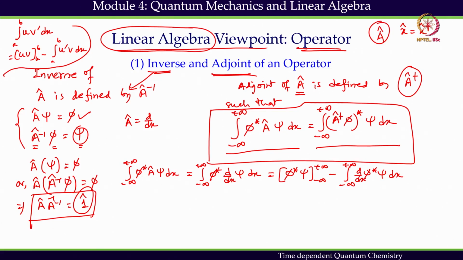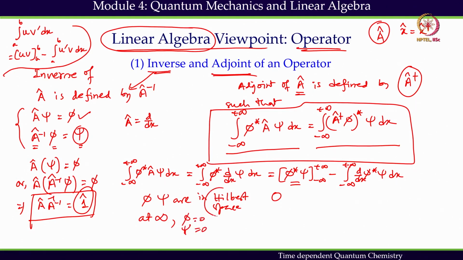And now this boundary part is going to be 0. Why? Because I said that phi and psi are in Hilbert space, and if they are in Hilbert space, they have to be square normalizable. In order to be square normalizable, their values at infinity should be 0.